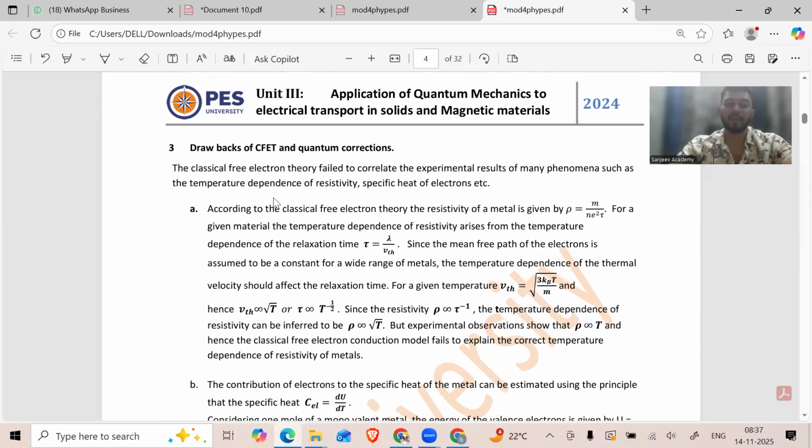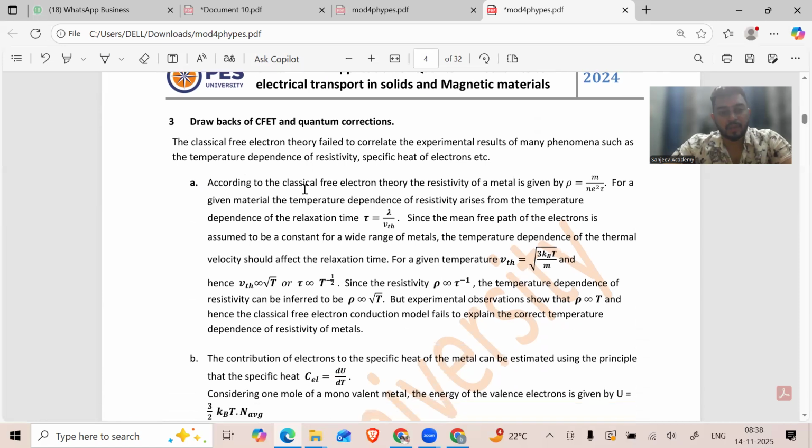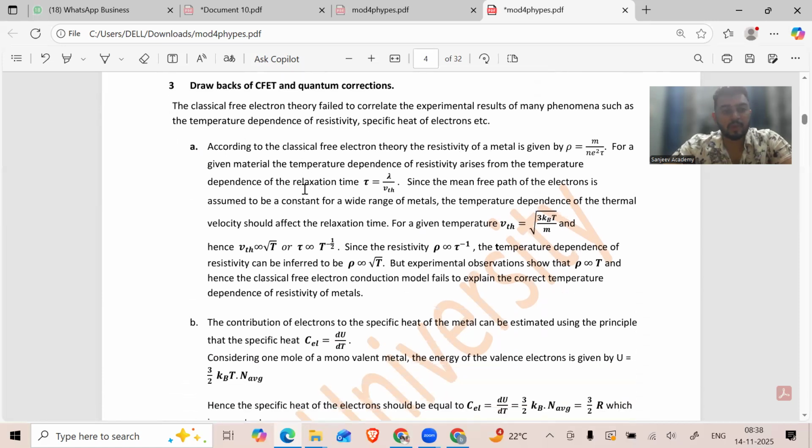Drawbacks of the classical free electron theory and quantum correction. The prediction of this classical free electron theory is that rho is proportional to root T. This is the prediction of classical free electron theory.